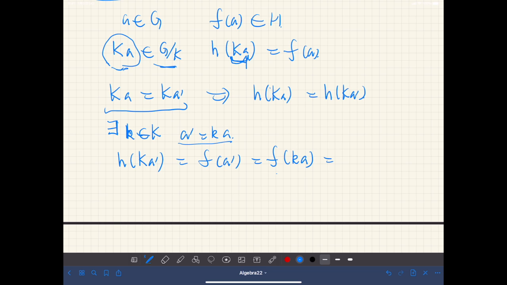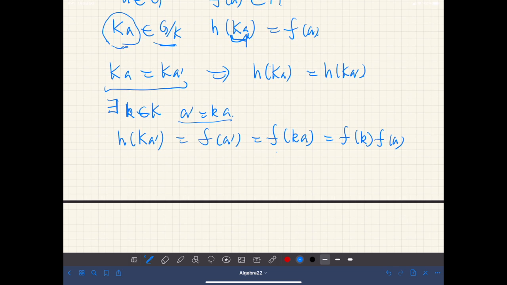But f is a homomorphism, so this is f of k times f of a. But this k is an element of the kernel of f, by definition.